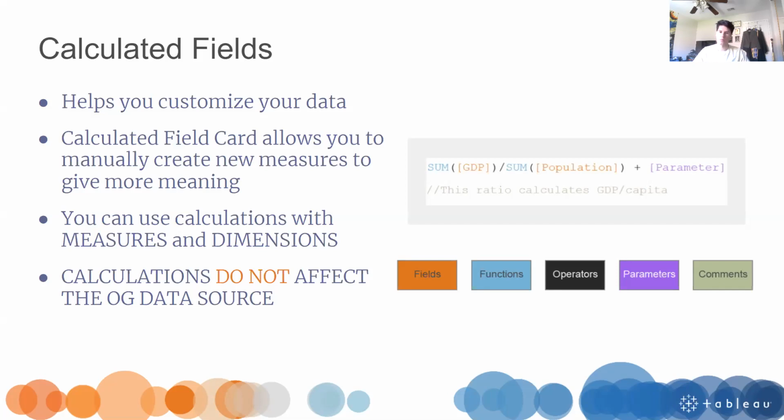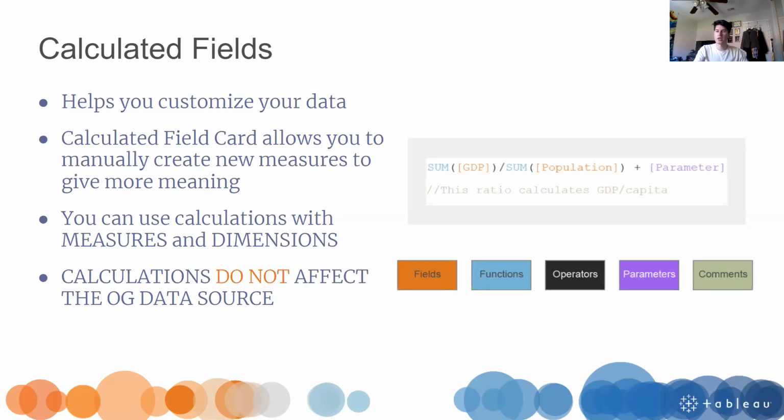It's all local. I do want to show here, these are the different colors which represent different actions in the calculated field. So the orange are going to be fields, or your dimensions and measures. Your blue is going to be functions. So I believe last class we were talking about averages, sums of discounts, and so that is a function.